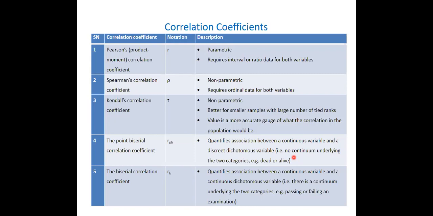So even though we say that we correlate variables that have numbers, with point biserial and biserial there are exceptions, in the sense that one of the variables has numbers, the other one may not necessarily. It may be categorical.